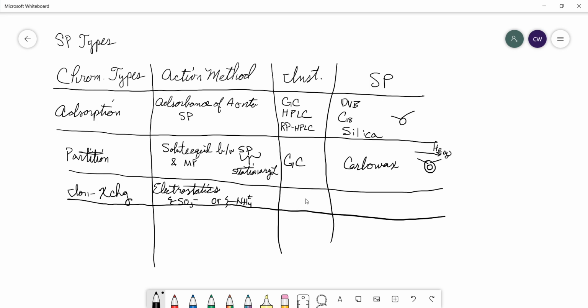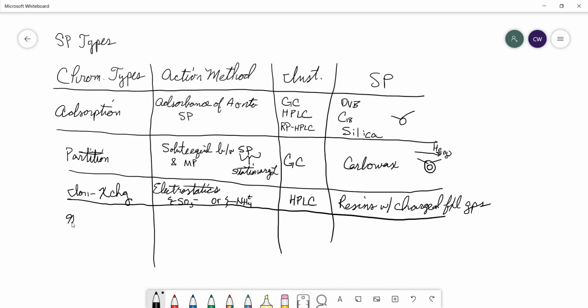This is pretty much exclusively HPLC. You use the same instrumentation that you use for HPLC, but your mobile phase will be slightly different. The stationary phases are resins with charged functional groups.